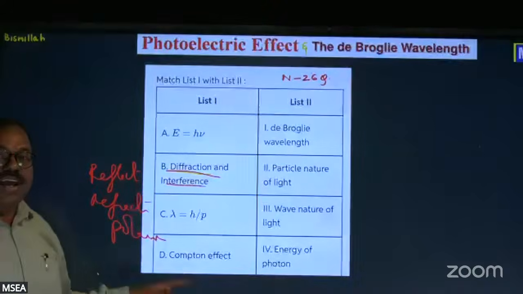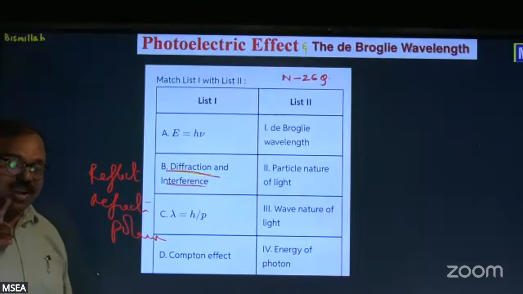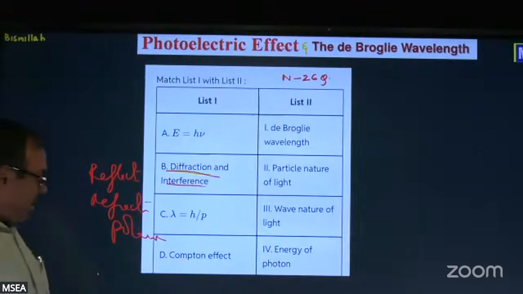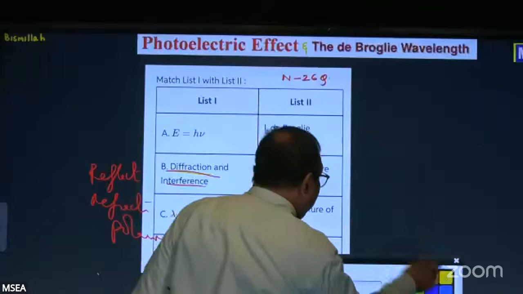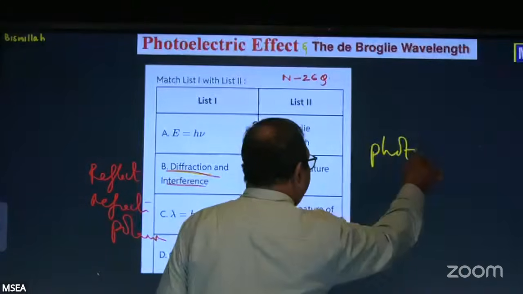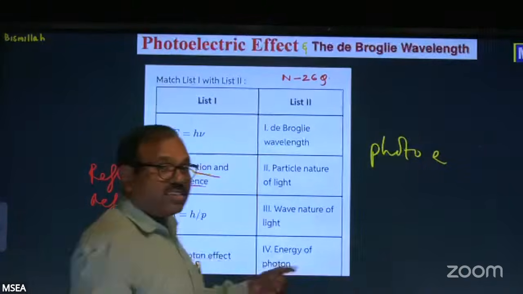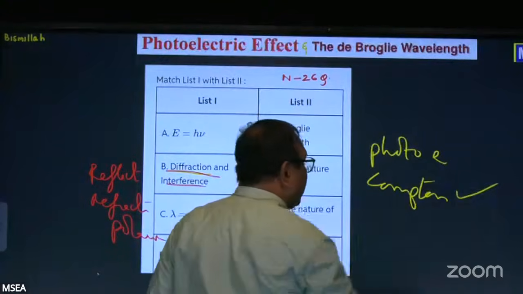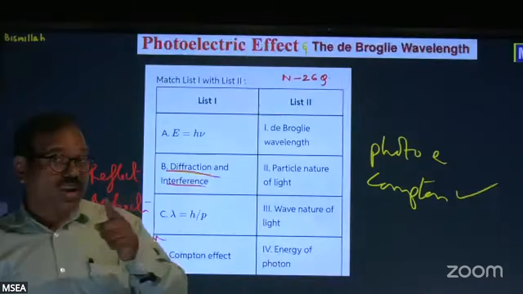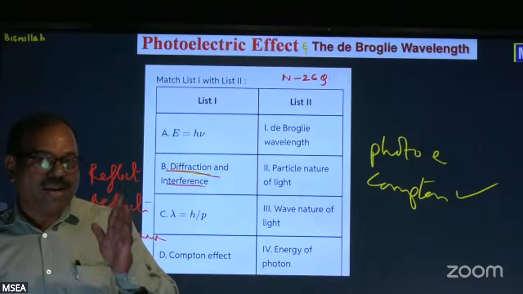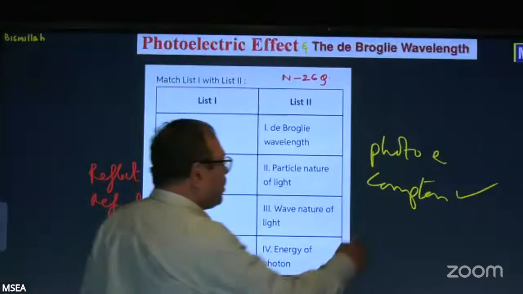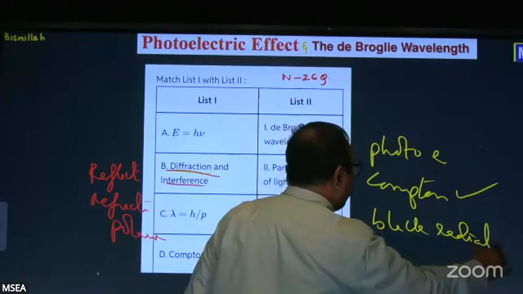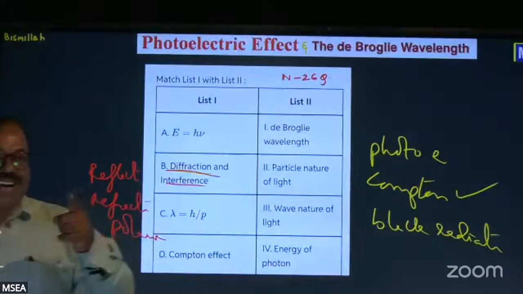Compton effect, and one more important: the photoelectric effect. The Compton effect is already given, but what they may ask is the photoelectric effect and also black body radiation. Black body radiation also supports the particle nature.